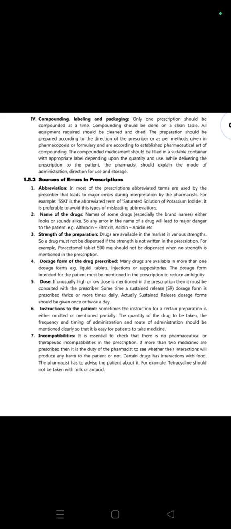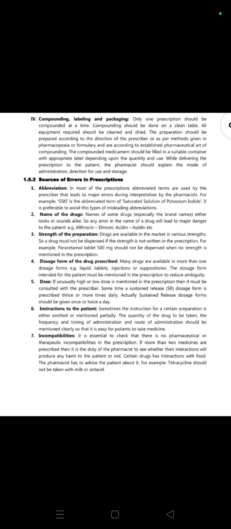If an unusually high or low dose is mentioned in the prescription, then it must be consulted with the prescriber. Sometimes a sustained release dosage form is prescribed twice or more times daily. Actually, a sustained release dosage form should be given once or twice daily.